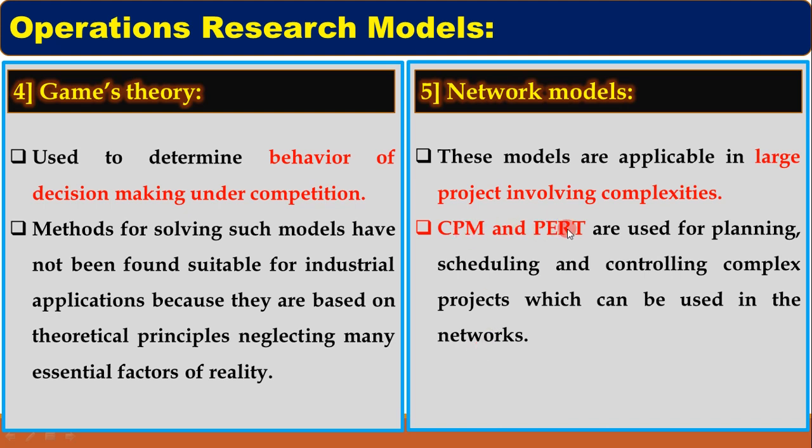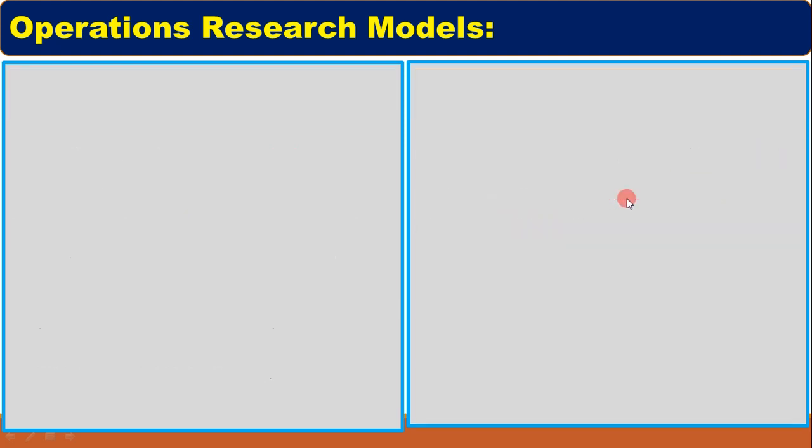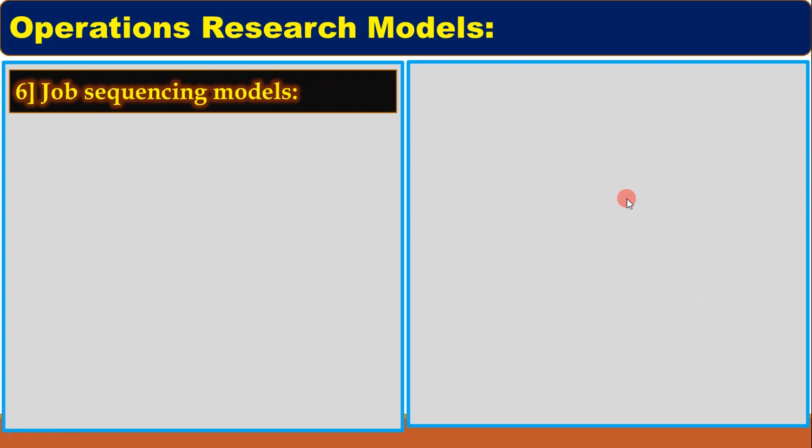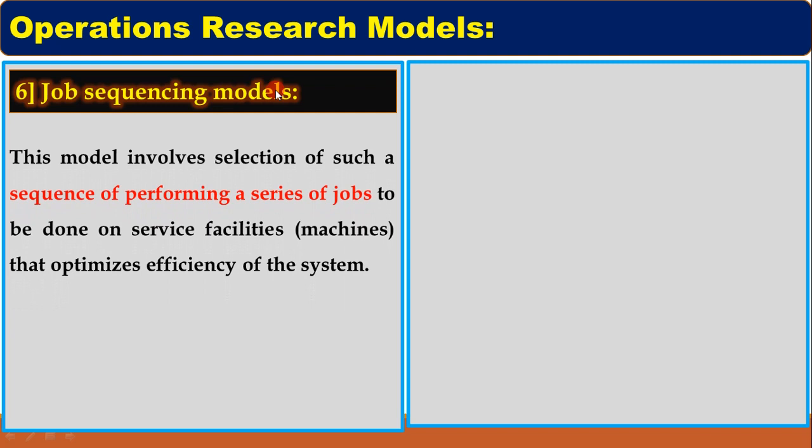CPM and PERT are used in the large projects with complexities. Now the sixth model is job sequencing models. In this model, the sequence of performing a series of jobs is determined so as to optimize the efficiency of system.